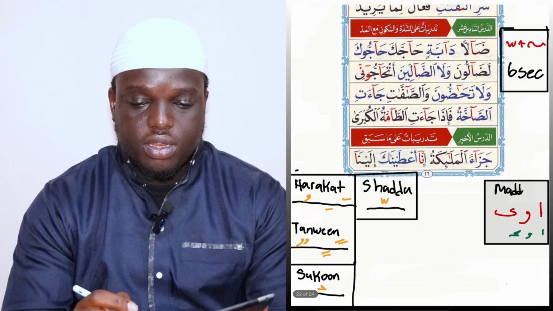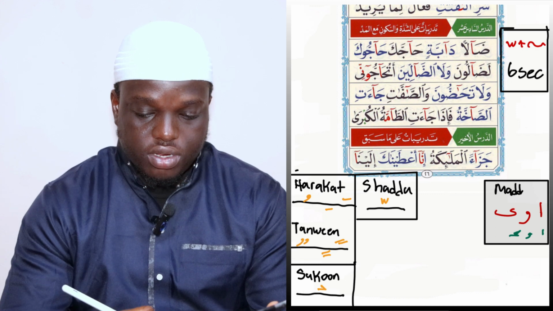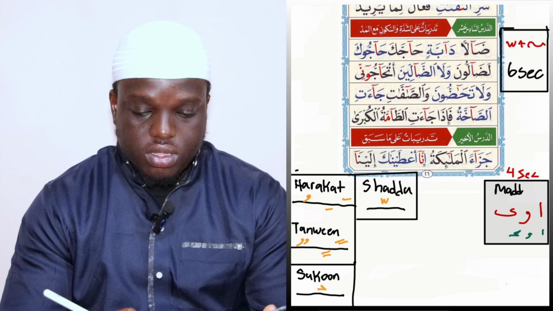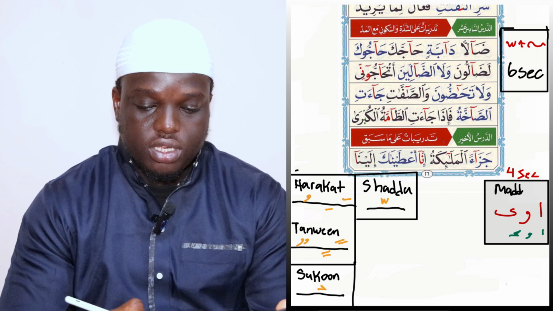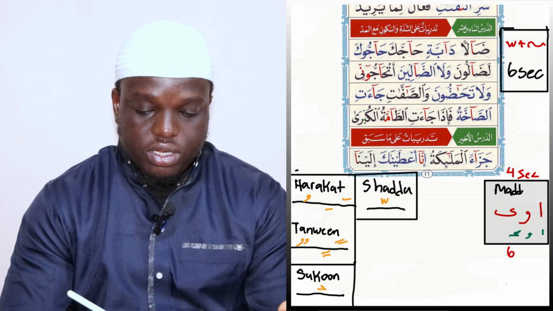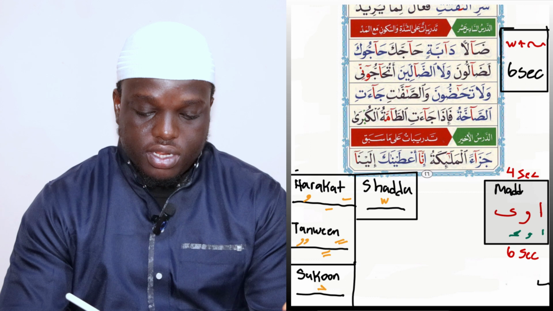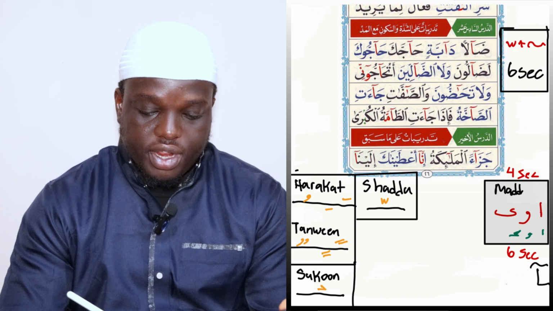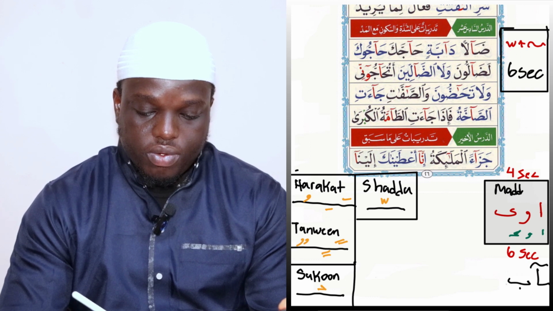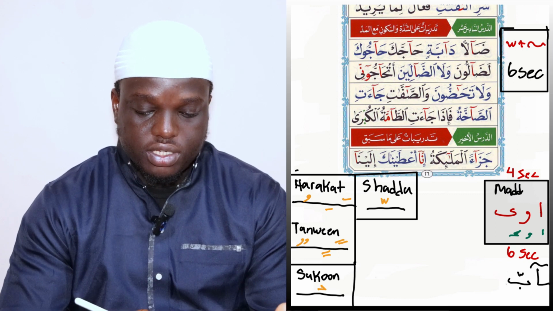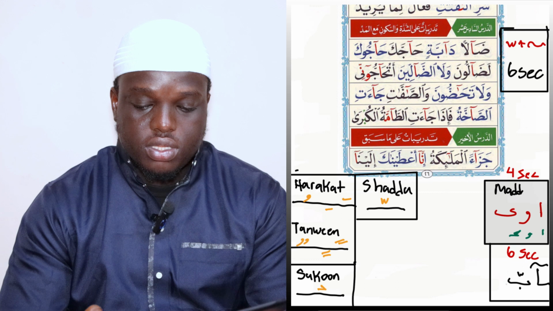The mud, we said, this is 4 seconds. And then we have the 6 second one. Whenever we have a mud, and after it is a letter with shadda, we said that was the 6 seconds.